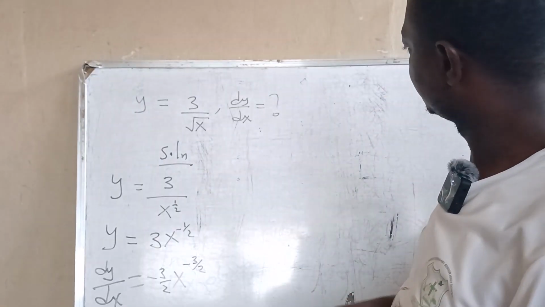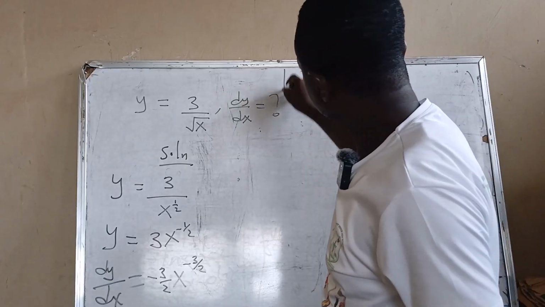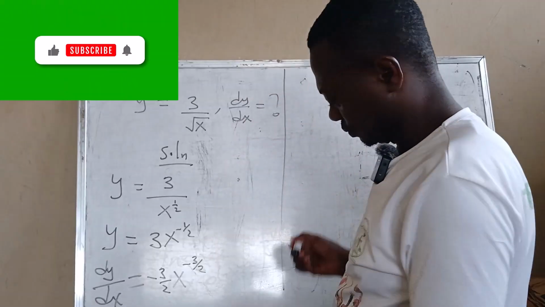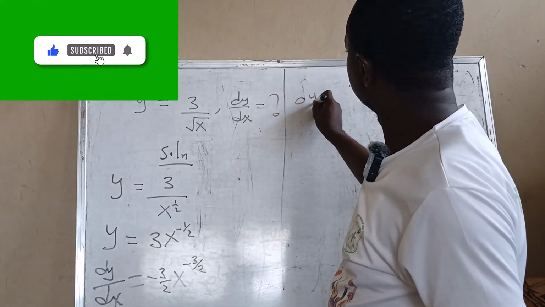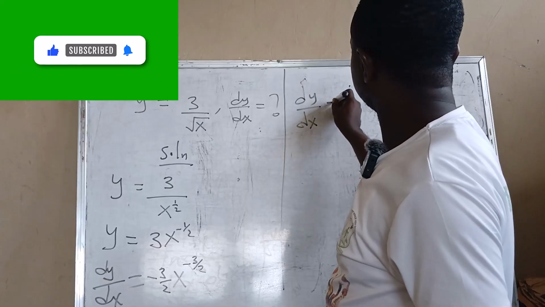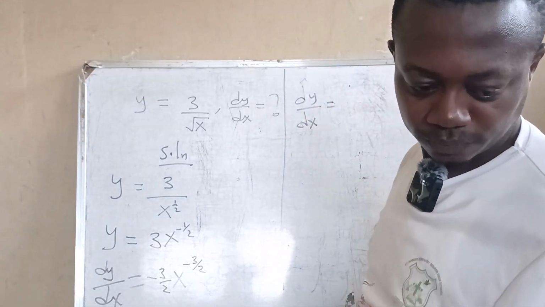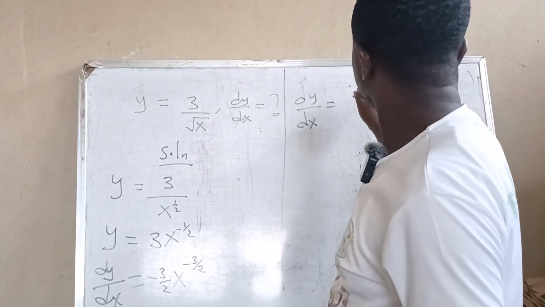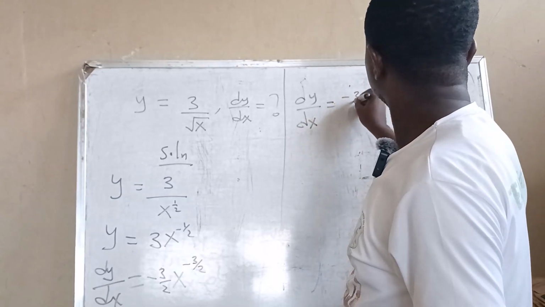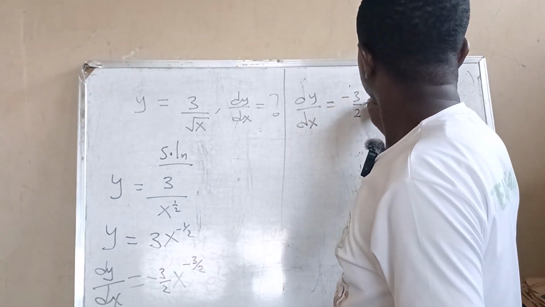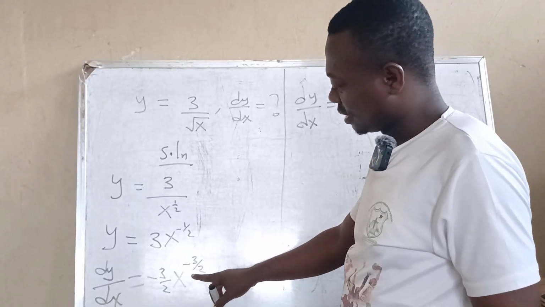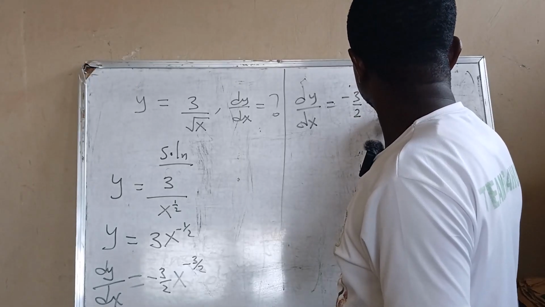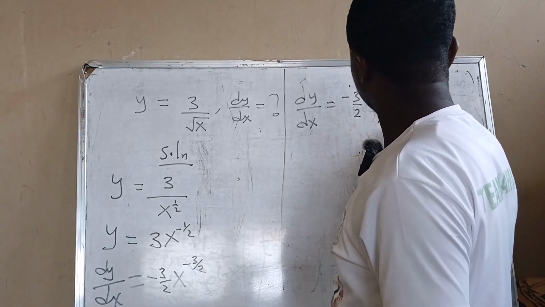So from here, my dy dx will be minus 3 on 2 times, and we can write this as 1 on x to the power 3 on 2.